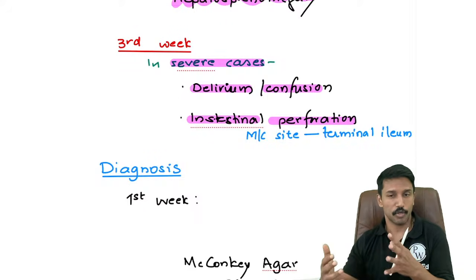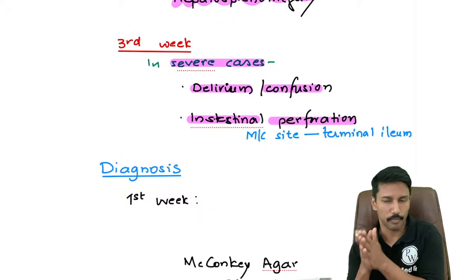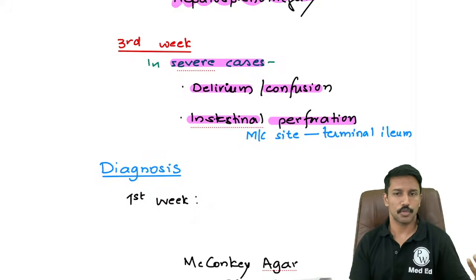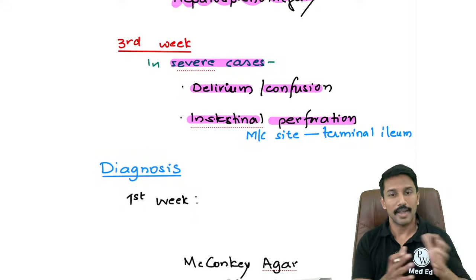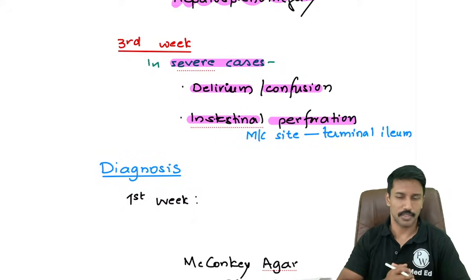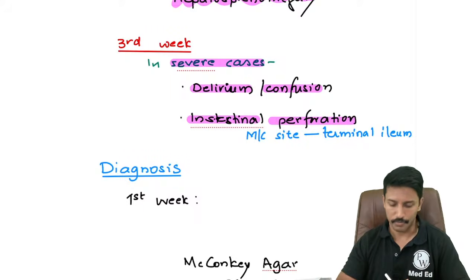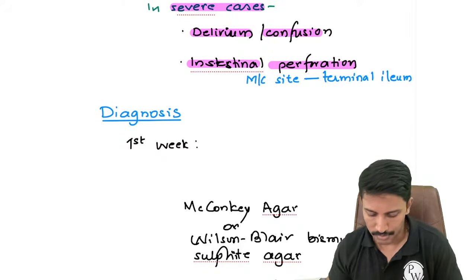When an erect abdominal X-ray was done, there was gas under the diaphragm, indicating a bowel perforation. So she was immediately taken to OT. And in the OT, the surgeon noticed that the site of perforation was the terminal ileum. So then, of course, the suspicion of enteric fever arose because of the acute nature of the illness. And the cultures confirmed that she had enteric fever. Okay. So in the third week, there's a high risk of perforation as well.